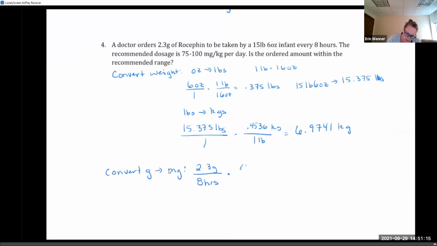Therefore, we know that there's 1,000 milligrams to 1 gram, which gives us 2,300 milligrams per 8 hours. And now we're going to convert the hours to days.